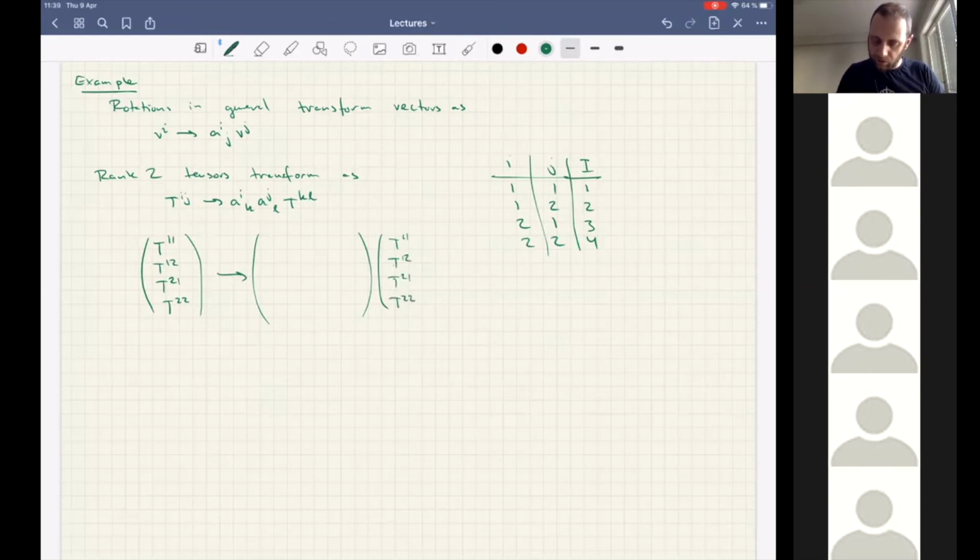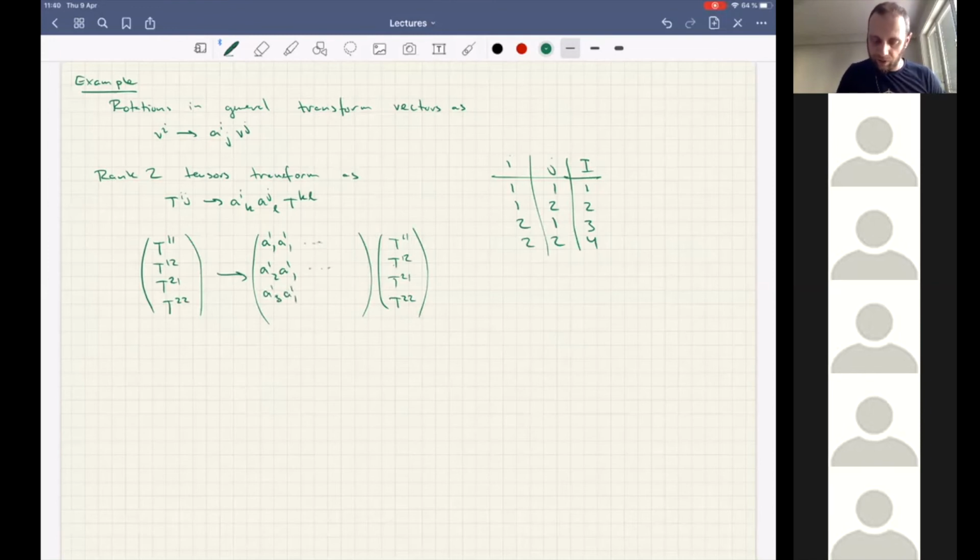Then we have some matrix in front whose elements are going to be A11, A11, and then A12, A11, A13, A11, and so on and so forth.